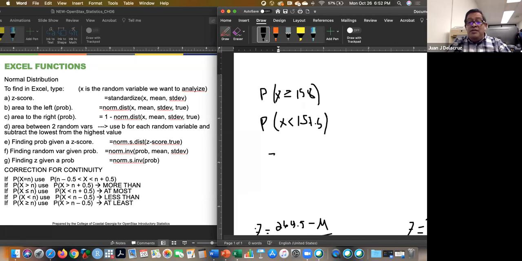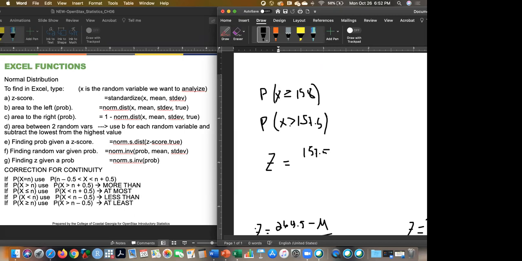So when I am computing my Z-score, I am going to do X, which is going to be 157.5. Professor? Yes, sir. Should it be X is greater than? Oh, yes, thank you very much.